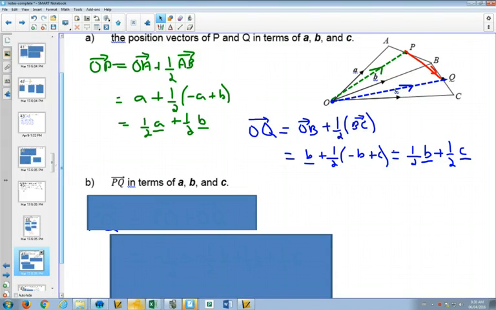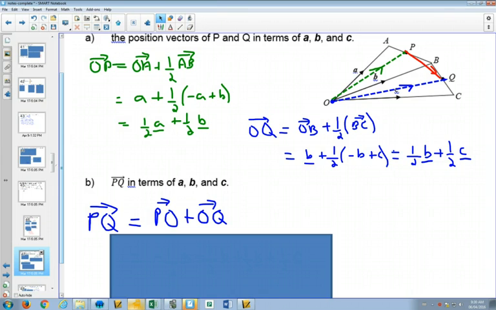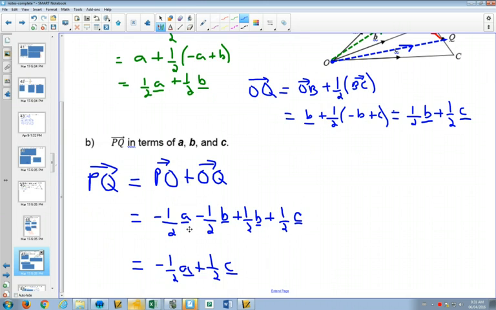Well, I'm going to start at P. I'm going to go back to the origin, and then I'm going to go from the origin to Q. So P to O is just going to be negative 1/2 A and negative 1/2 B, just the negative of what we found before.